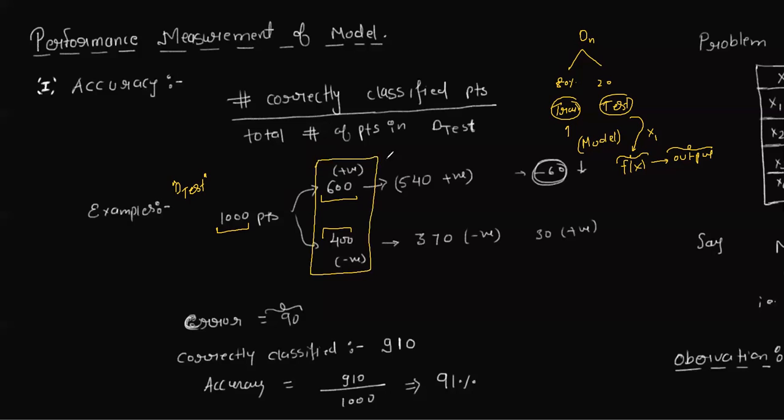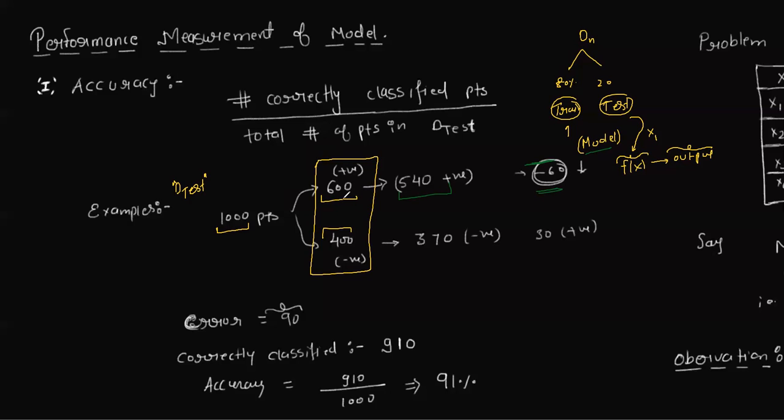For these 600 points, my model predicted 540 as positive. That means there are still 60 points which are misclassified. Let me repeat it again.